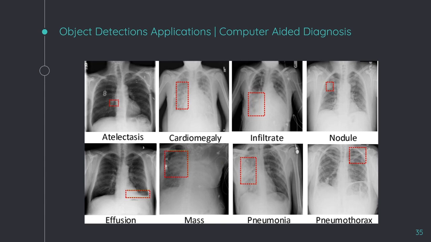So we can train it to, for example, detect some features of a disease, and then we can train it with the dataset that has been gathered, and then we can use the model to predict, but it's just for reference for the real doctor to diagnose the patient.